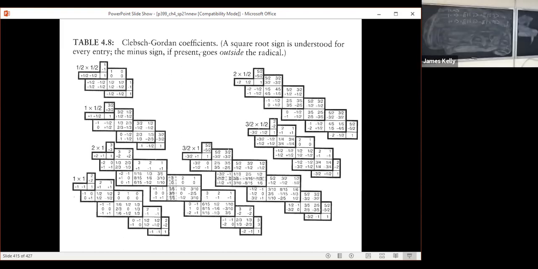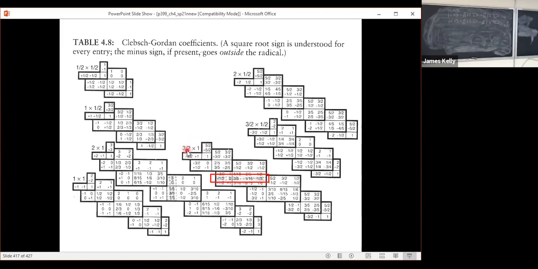Let's do another example. Looking at this particular table down here, this is for combining a spin 3/2 particle and a spin 1 particle, right? In each region of the Clebsch-Gordan coefficients, it tells you what kinds of spin particles are being defined.